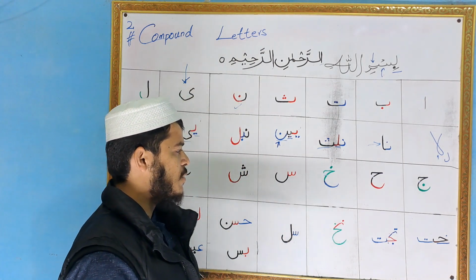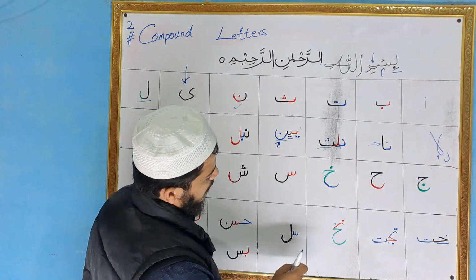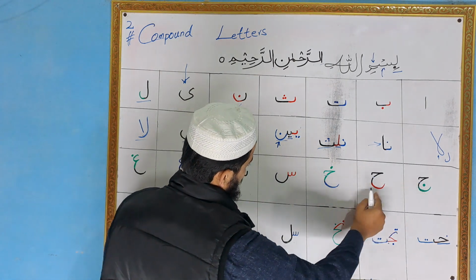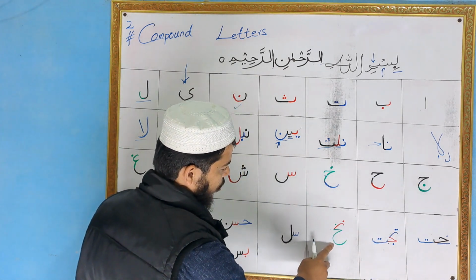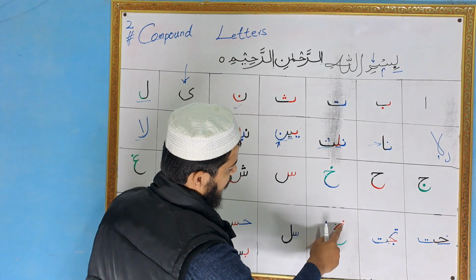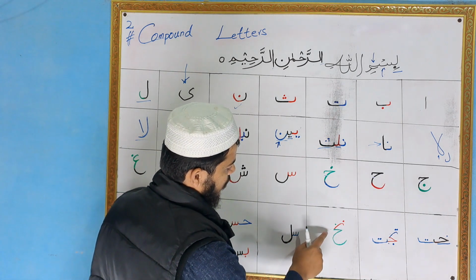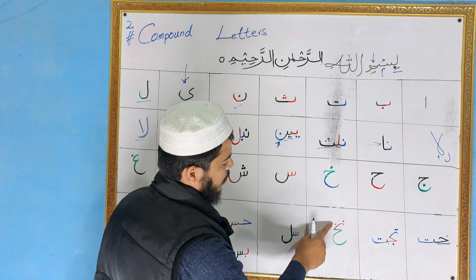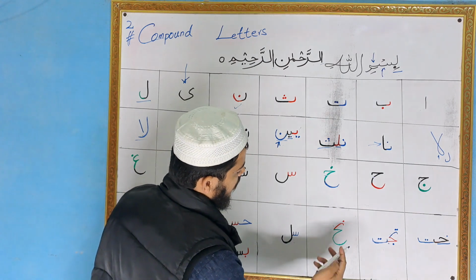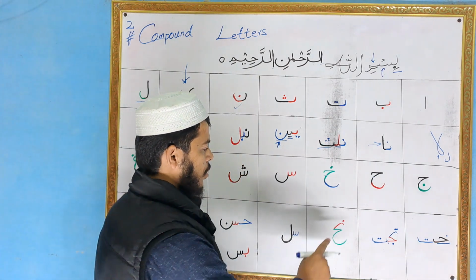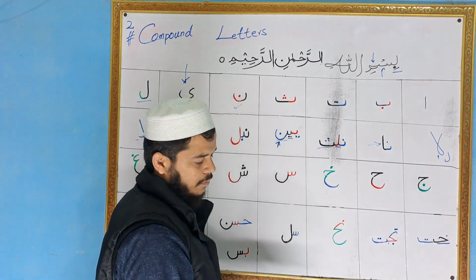As I told you, mostly letters, when they are at the end as a last letter, appear in the original shape. You can see this is kha, the same shape as this one. So one dot on the top, we consider it kha, the green one, because it has one dot on top. If the same shape comes without dots, what do we consider it now? Noon, ha.